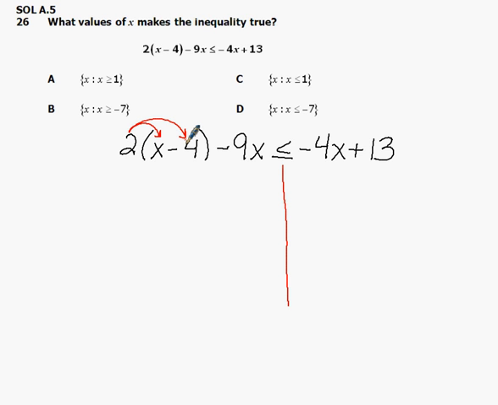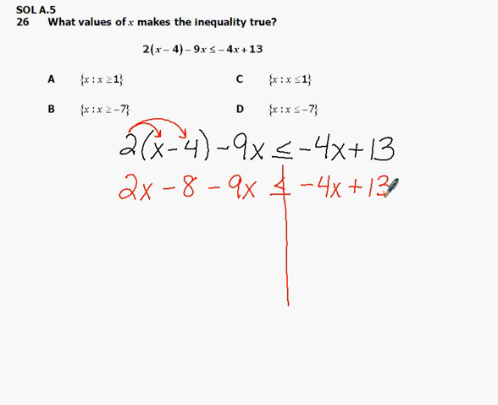That means that 2 multiplies the x and gives us a 2x, and the 2 multiplies a negative 4, which gives us a negative 8. The negative 9x stays the same, and the inequality stays the same, and there's no distributive property on the right-hand side of my inequality, so I'm not going to do anything over there.